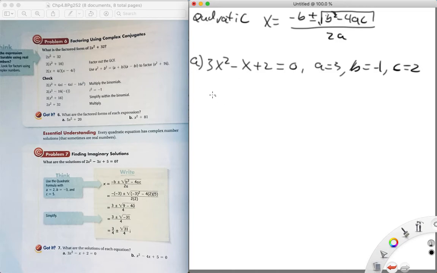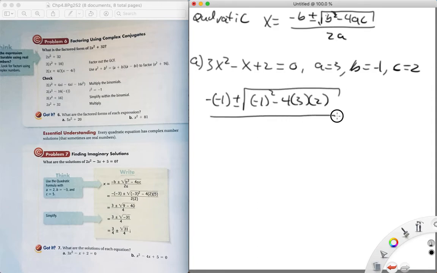Alright, so when I plug this in, that's going to be negative negative 1 plus or minus the square root of negative 1 squared minus 4 times 3 times 2, over 2 times 3.